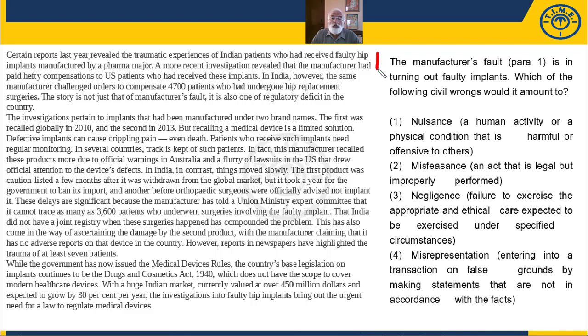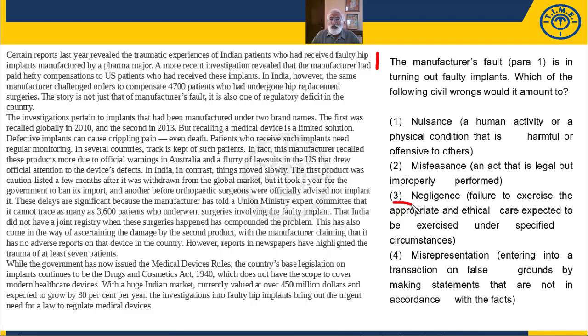So anything that's going to be put into the body requires to be dealt with very, very carefully. That means not only in its surgery, but also in its manufacture. So the manufacture needed to have been with great care to ensure that there was no fault. If it was faulty, it would mean that the manufacturer had been negligent. They didn't exercise the appropriate care that they should have. So that means 3 is what we are looking at.